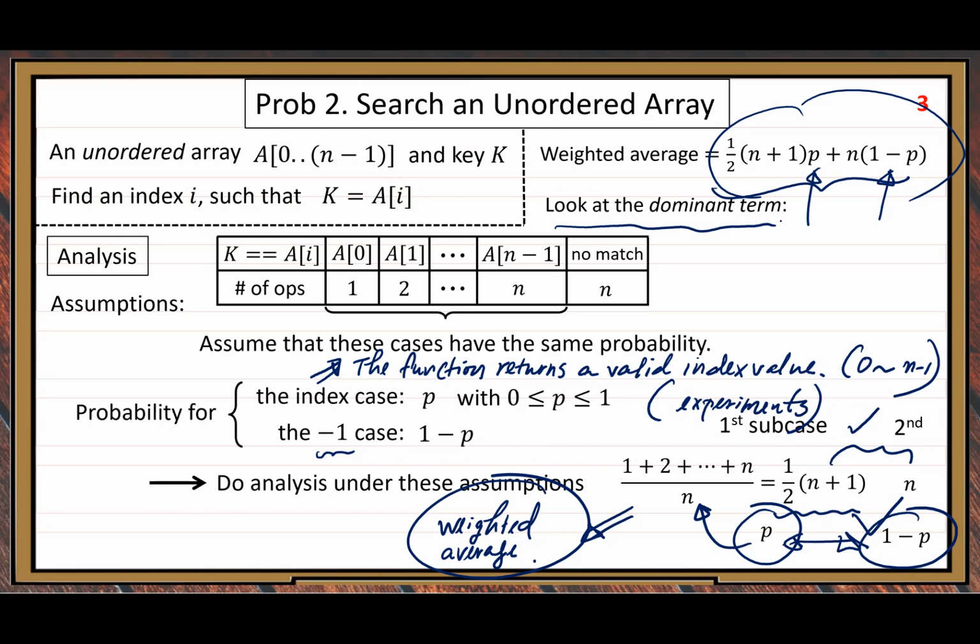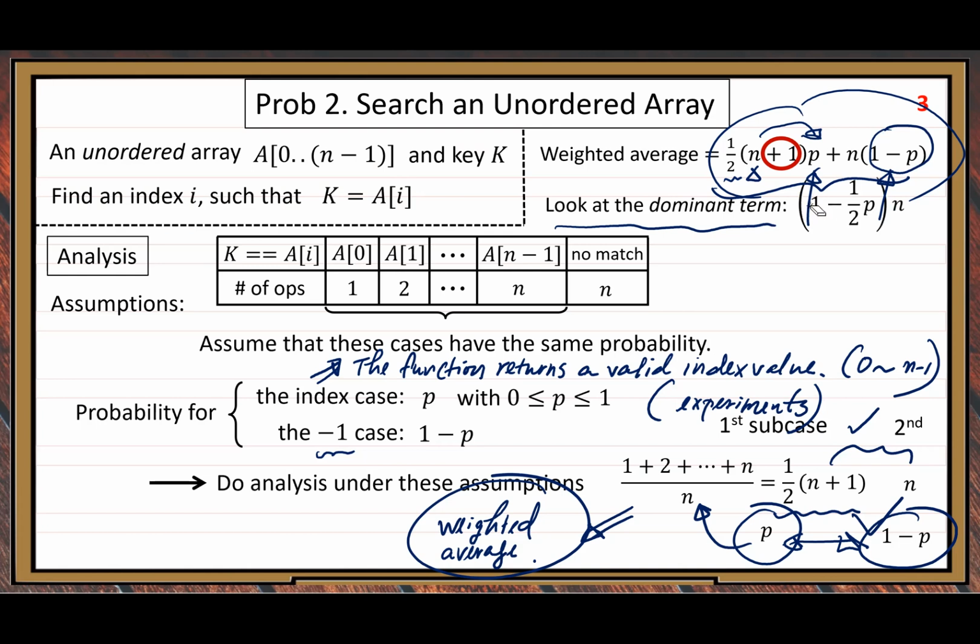And I remember Sarah mentioned the leading term. Can we look at that leading term again? We call it the dominant term. We know the leading term is the dominant term. Here, the leading term corresponds to n times p, and also 1/2 times n. You put them together, and the plus 1 can be ignored.